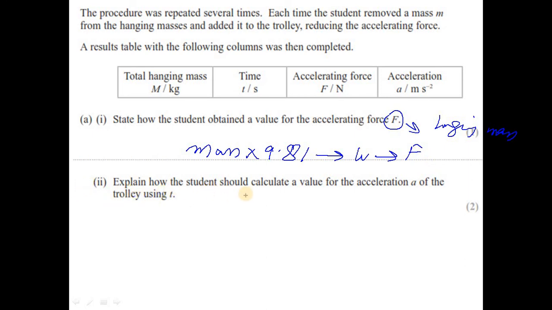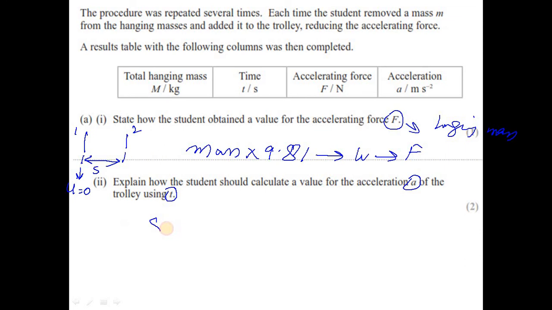Explain how a student should calculate the value of acceleration a of the trolley using T. Clearly, if you recall the diagram, you have light gate number 1 and light gate number 2, and we know the distance traveled between the two light gates. At the start, we can assume that the velocity of the trolley is 0.